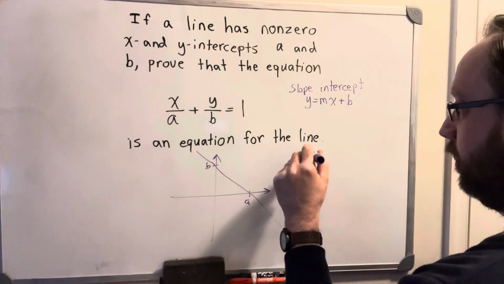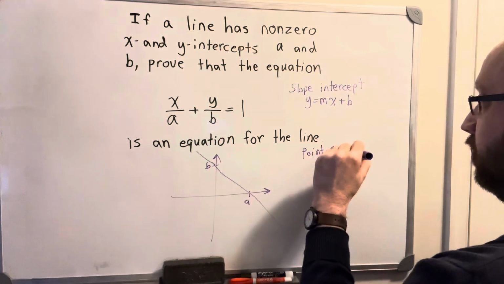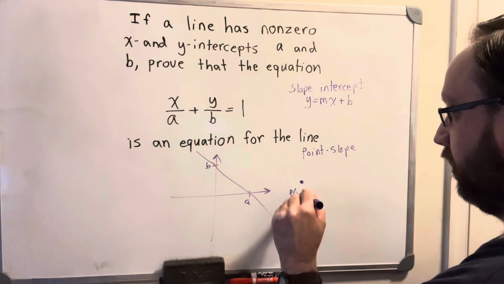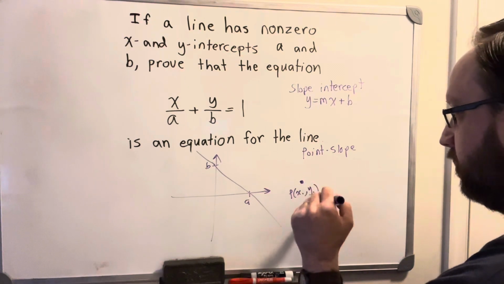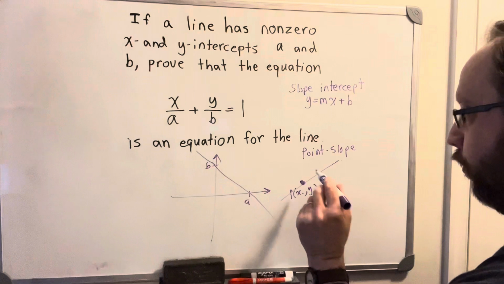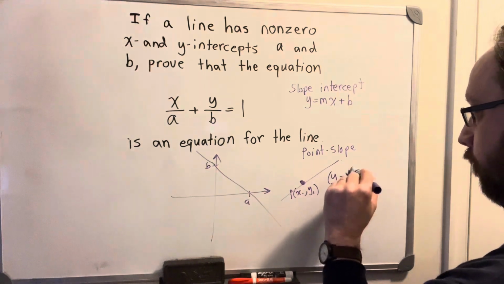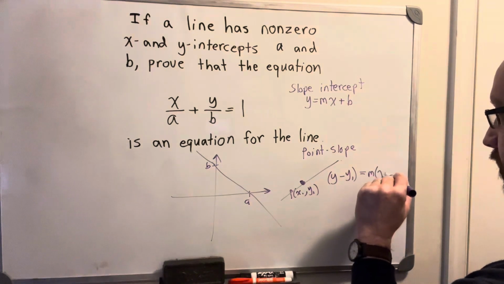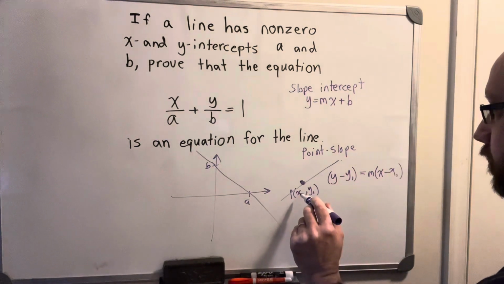Another form is called the point slope form, where if you know that this point is on the line, call it P (x1, y1), and you know the slope is some slope m, then the point slope form is some y value that you're interested in minus y1 is equal to the slope times the x that you're interested in minus the point's x, x1.